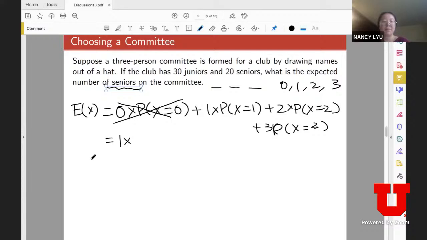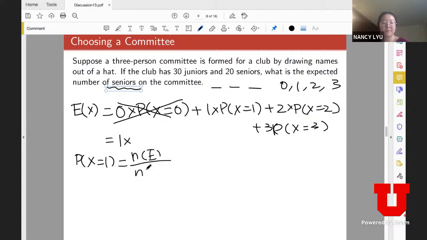So let's compute when X equals 1. How would you compute that? We still use the old formula.